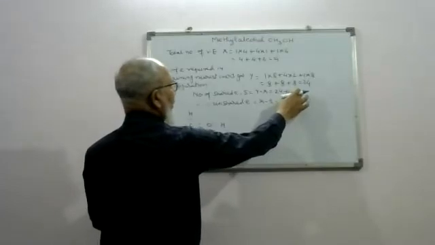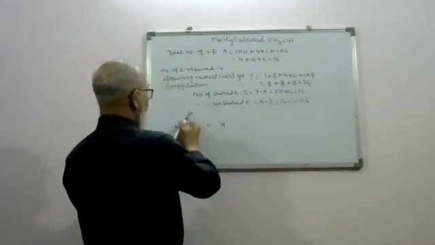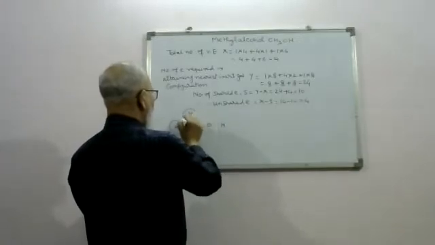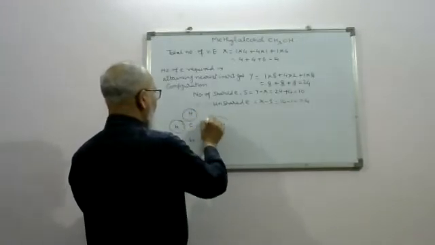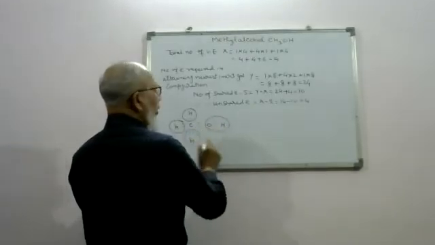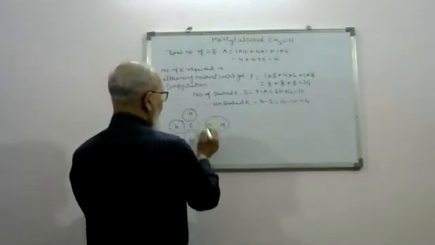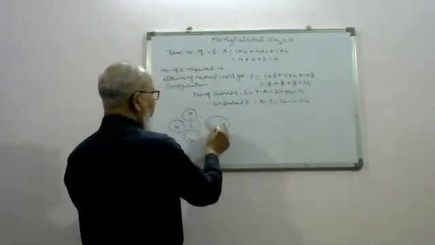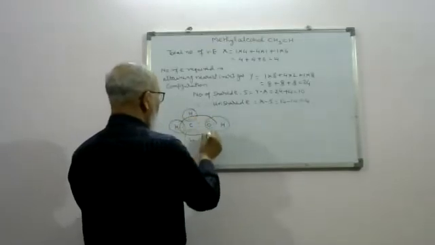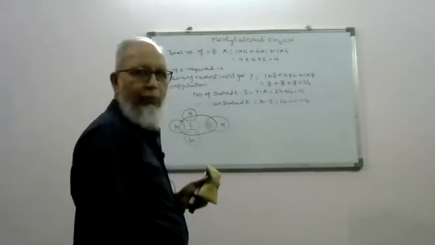Total number of shared electrons are 10: 2, 4, 6, 8, 10. This hydrogen has completed its duplet. This hydrogen has completed its duplet. This also, and 4 lone pairs of electrons are left. So this will be on the more electronegative oxygen atom. So this is your 8 electrons.